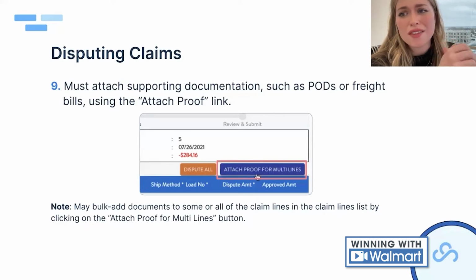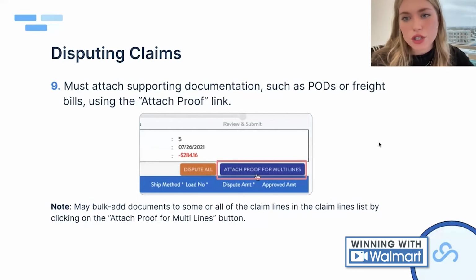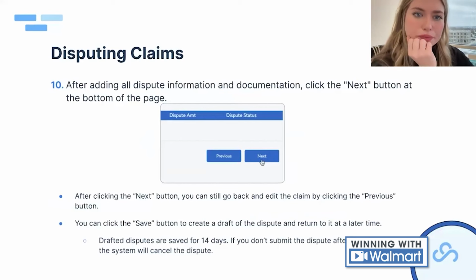You go from, I think it's around a 68 to 80% chance of actually getting your dispute win rate down to an 8% chance if you're not attaching proof documentation. So make sure you're making use of this, because otherwise, again, you're going to lose your first chance with Walmart.